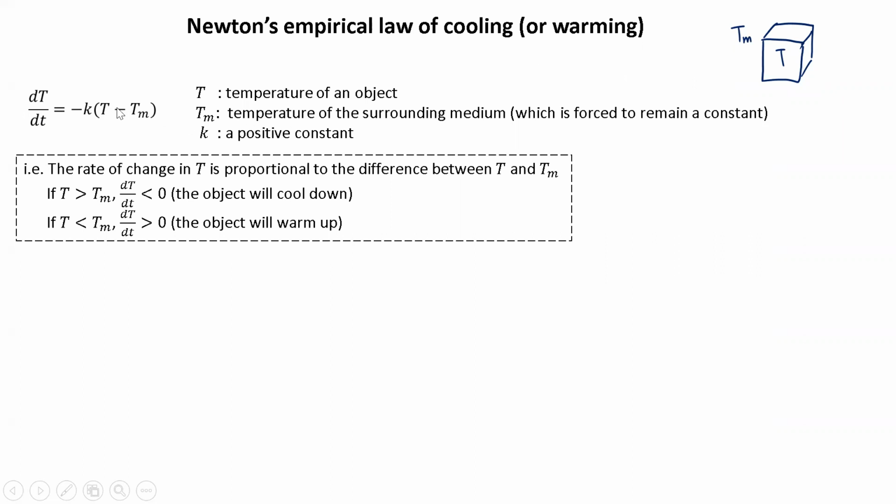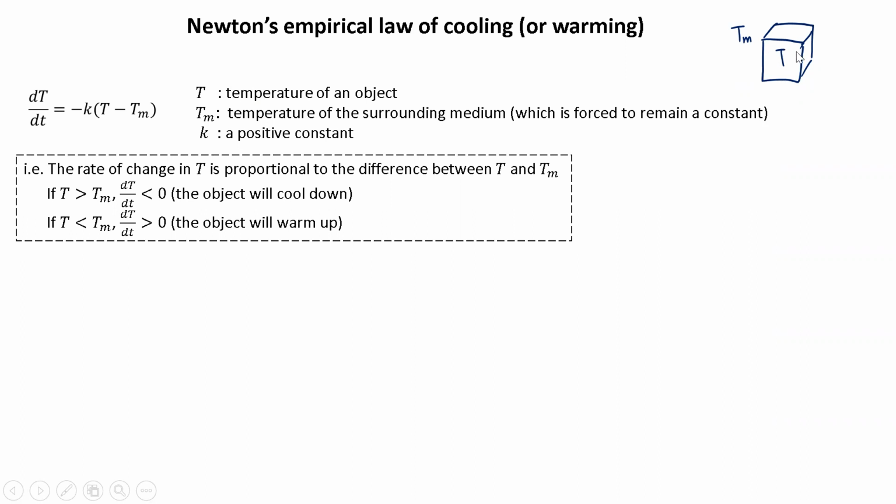So you can see the T minus Tm here. And this K is just a proportionality constant, which is positive, and I have this minus sign in front. It just means that if I have this T hotter than the air, then of course this dT, the capital T over dt, has to be a negative number.